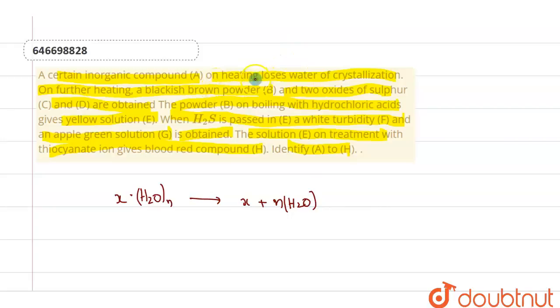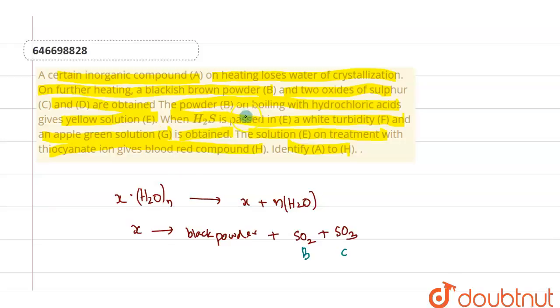Heating of X will give a blackish brown powder and two sulfur oxides, SO2 and SO3. So from this we can understand that X will be a sulfate compound, a sulfur containing compound.